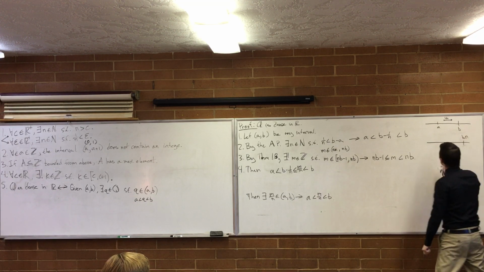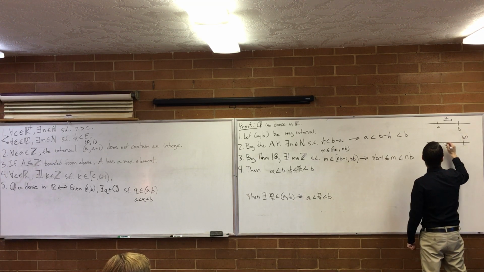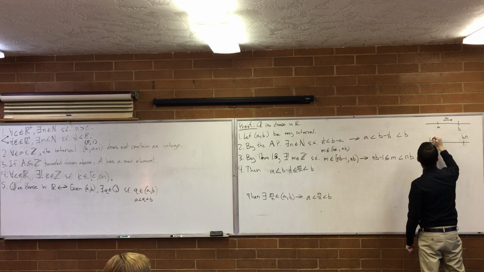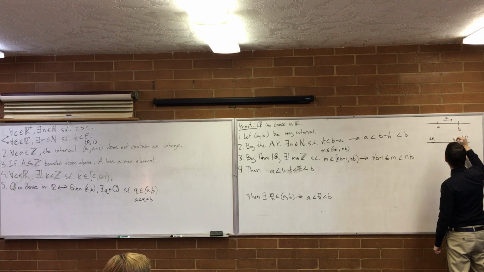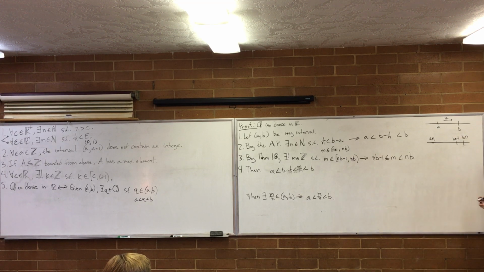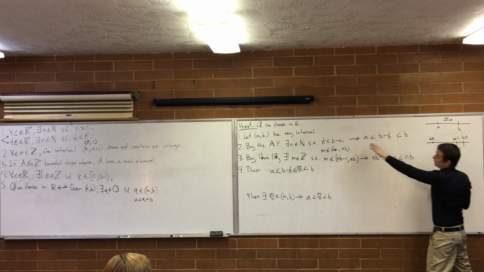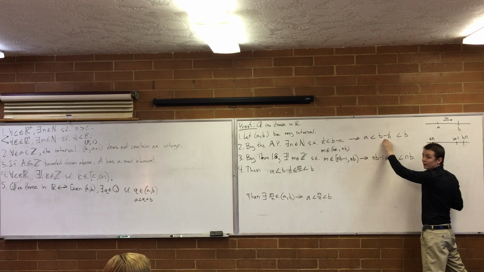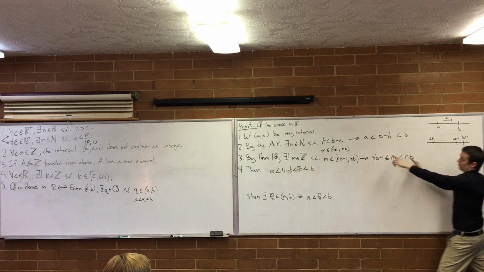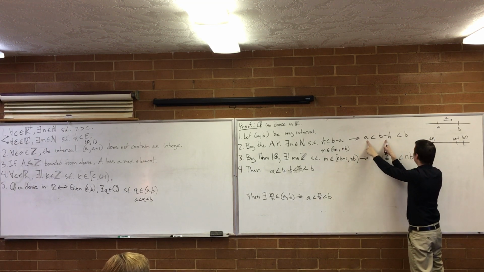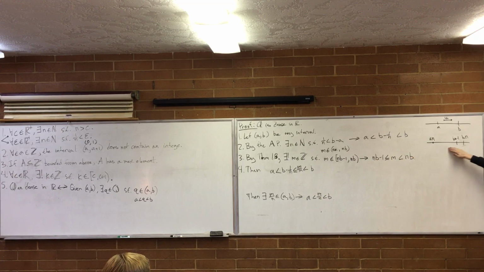Here's bn. Here's an. And then bn minus 1 is somewhere over here. I know that a is less than b minus 1 over n, so an is less than bn minus 1. That's multiplying both sides of this by n. Okay, so you see how this is kind of what it looks like?